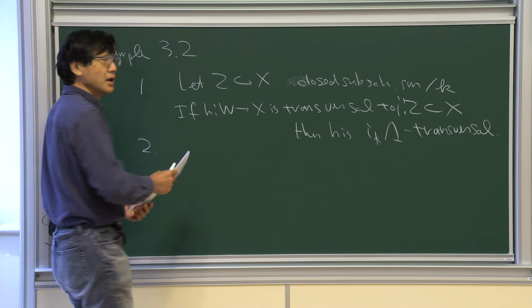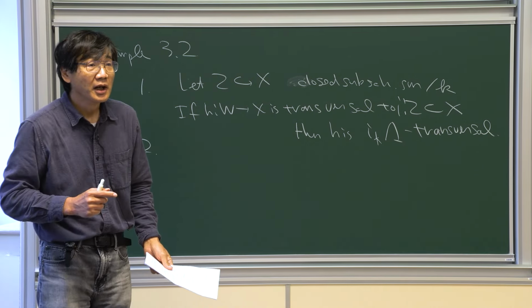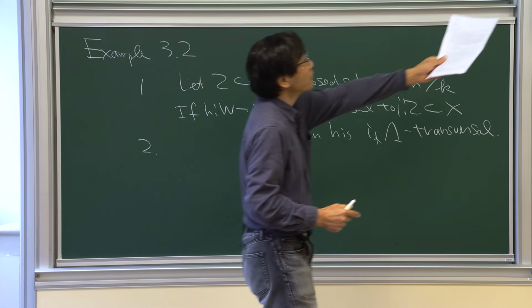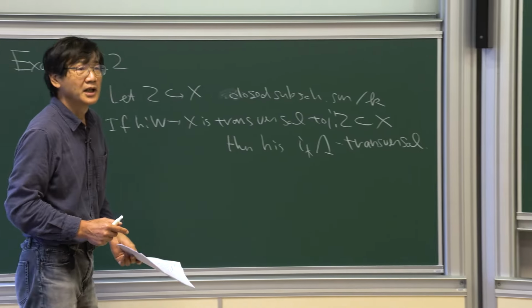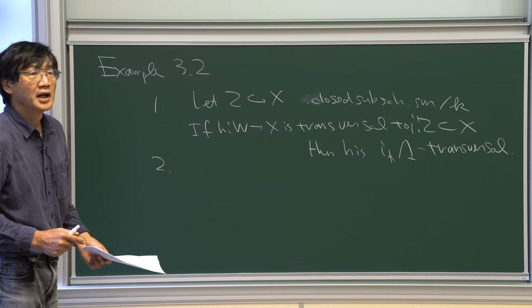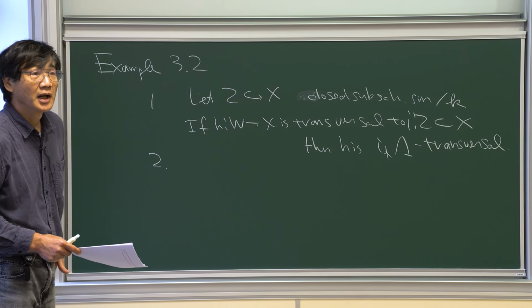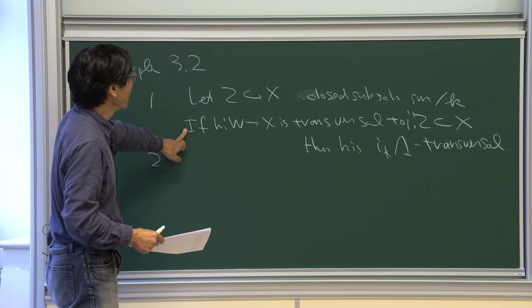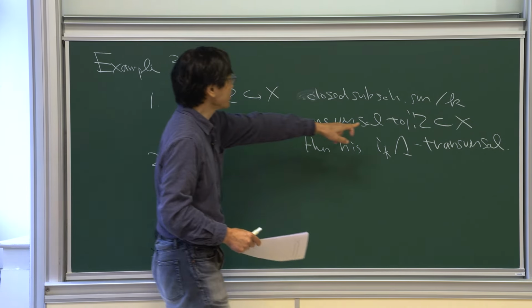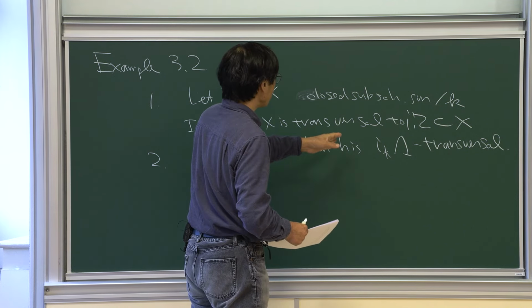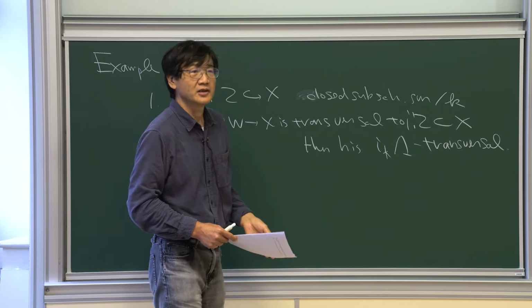And the second, W is smooth. Here W and X are smooth. So transversal is in the sense of differential geometry, or in the sense of the second line. This means that the fiber product is smooth and the coordination is right.